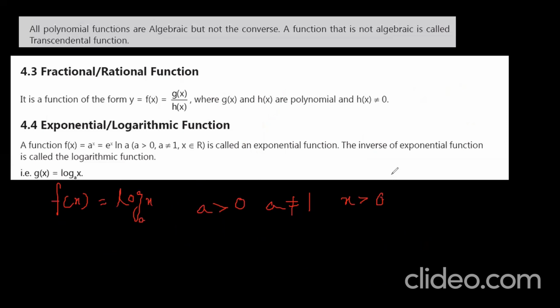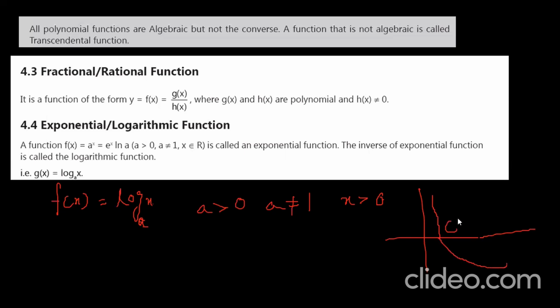These are the three conditions: a greater than 0, a can never be 1, and x should be greater than 0. If a becomes 1, it's total 0. So if you draw the graph of this logarithmic function, it's going to be like this.